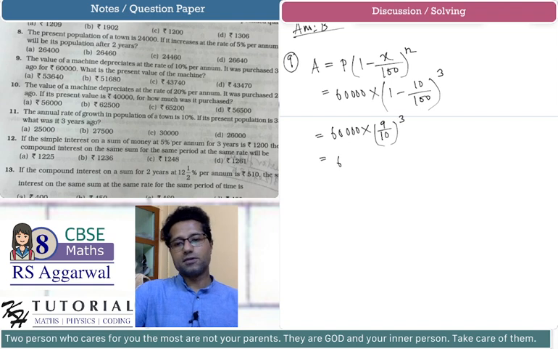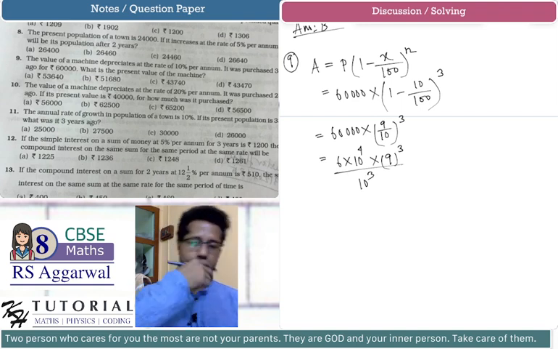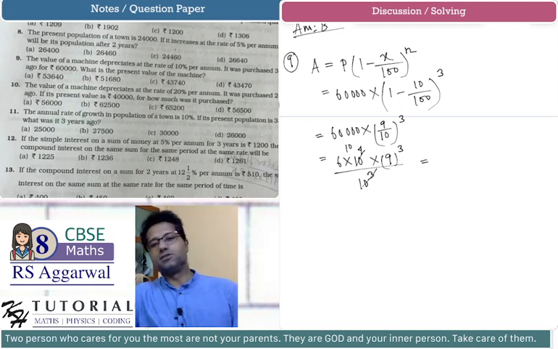So this is 6 into 60,000 is 6 times 10 to the power 4, multiplied by 9 cube divided by 10 cube. So 10 cube divides 10 to the power 4 with 10. So this is equal to 9 cube multiplied by 6 multiplied by 10.